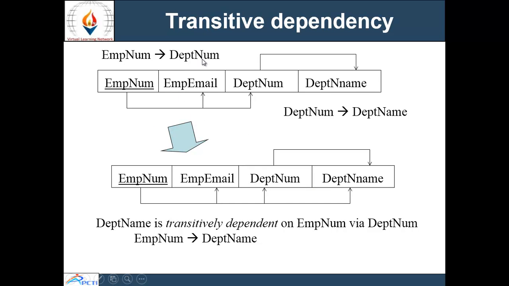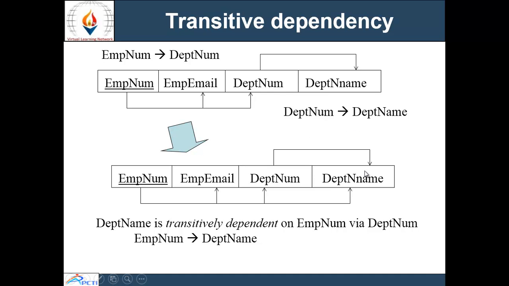For example, here the department number is functionally dependent on EMP number. Employee email is also functionally dependent on EMP number. But department name is dependent on department number only.